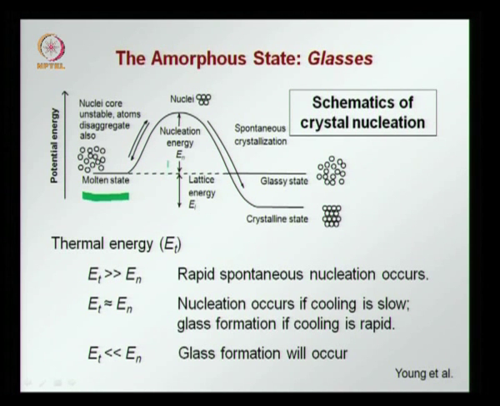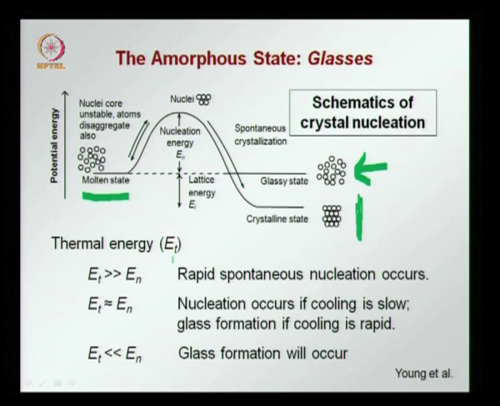So for this you need some amount of energy to be surpassed, you have the nuclei forming, and if the cooling is too fast you get a glassy state, you do not go to a crystalline orderly state. Only if from the molten state to the cooling, you allow for enough time, you can reach the crystalline state, and this can be thought of in terms of thermal energy also.